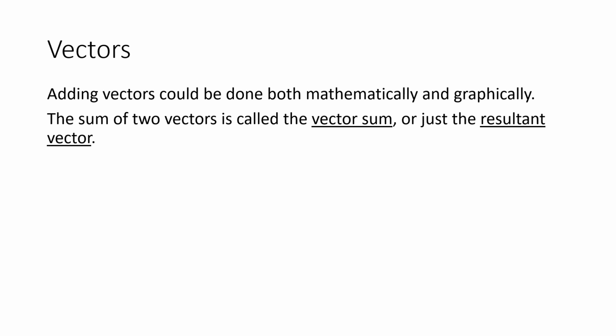So theoretically, if the picture is drawn to scale, you can just use the arrows themselves to add the vectors. But let's move on to this. The sum of the two vectors is called the vector sum, or just the resultant vector.